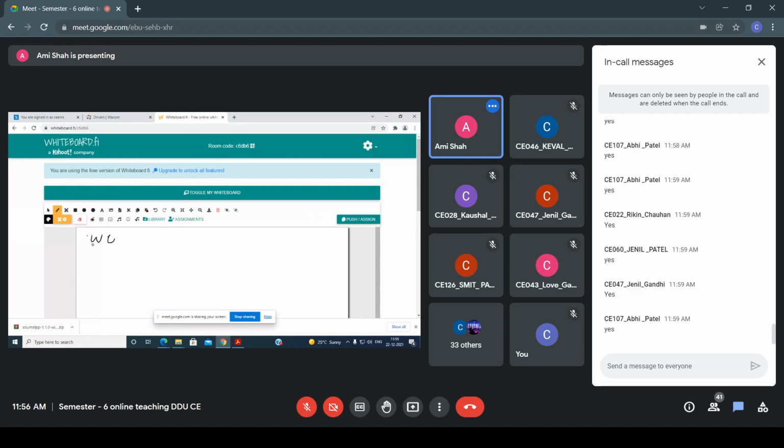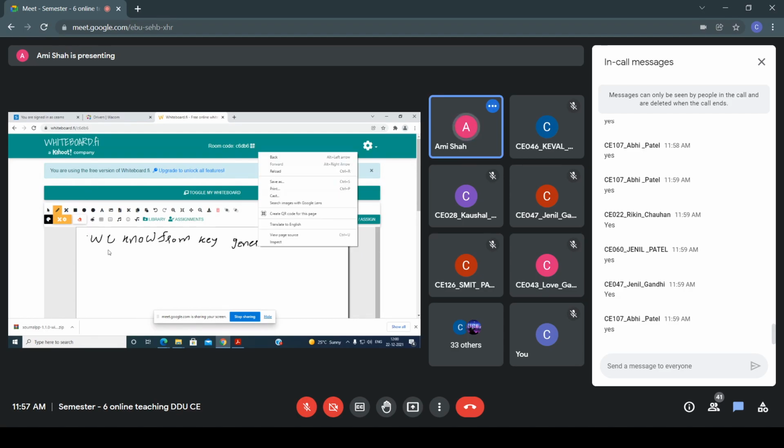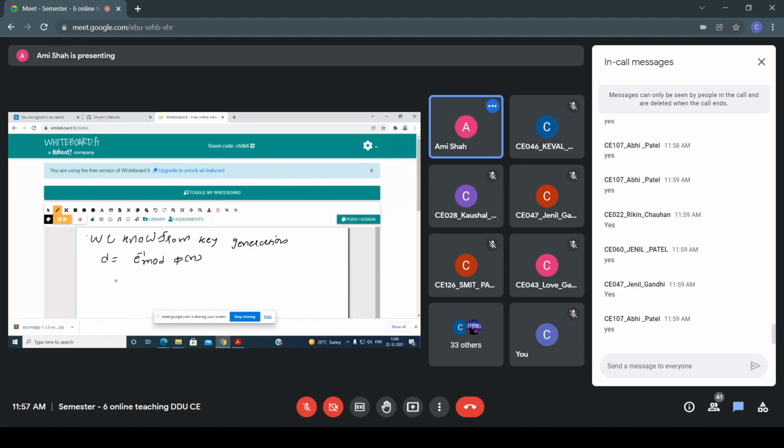Now see, we know from key generation the equation D equals E inverse mod phi. Right? All of you know this equation.